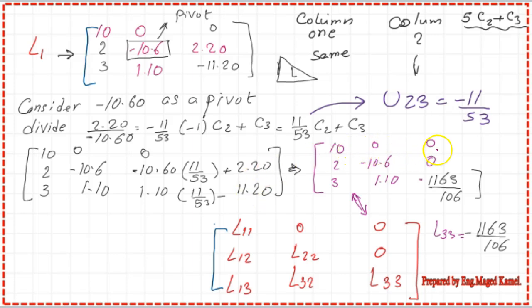We have 10, 0, 0, 2, minus 10.6, 0, 3, 1.1, minus 1163 over 106. We have reached our final lower matrix, for which L33 is minus 1163 over 106.